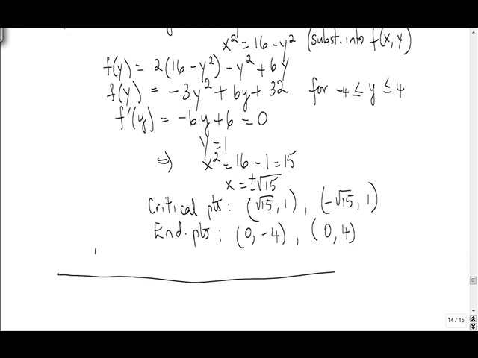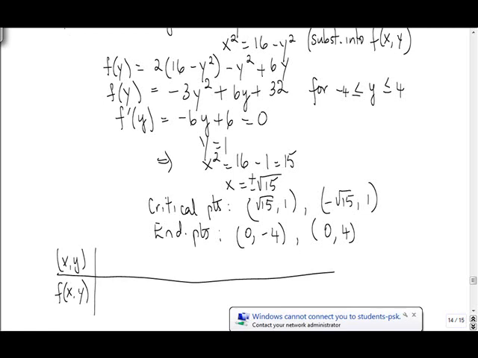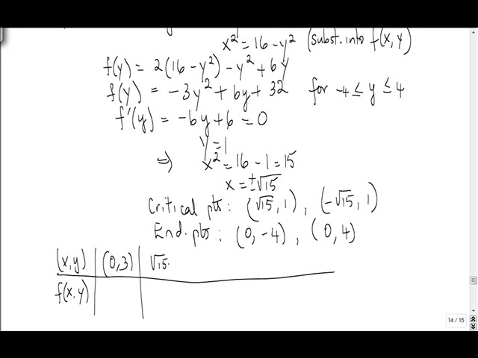Draw the points, f of x, y. So we have 0, 3. Square root of 15, 1. Minus square root of 15, 1. 0, minus 4. 0, 4.